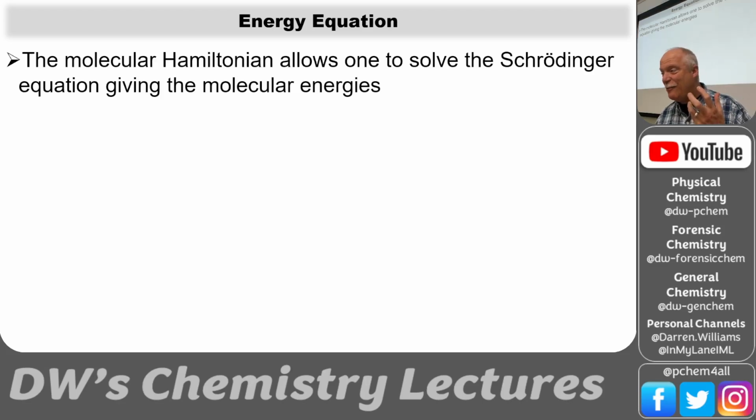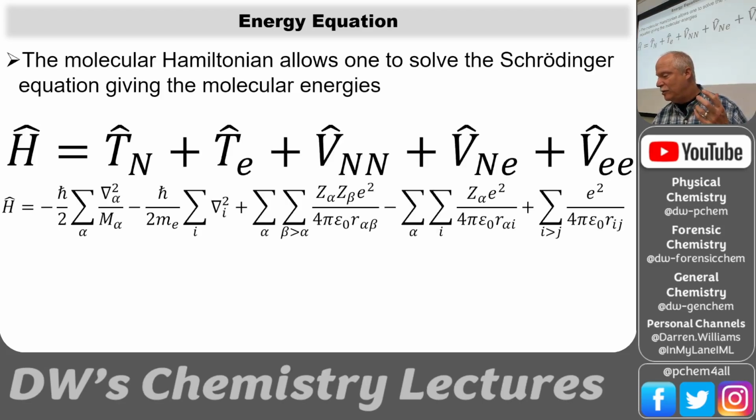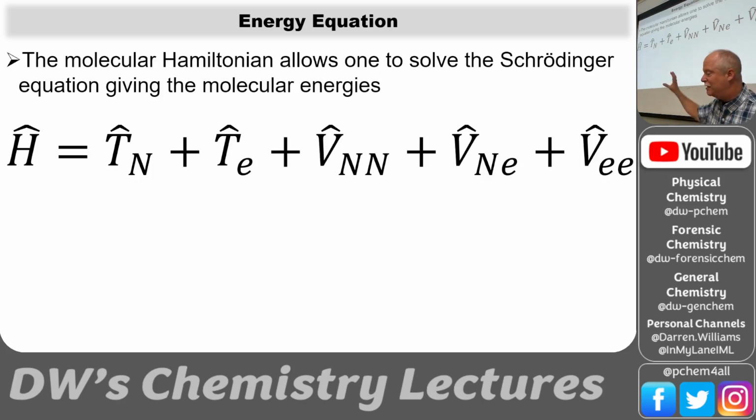So this is the Hamiltonian for a molecule. H is the Hamiltonian, and it has 2 kinds of pieces: the kinetic energy piece and the potential energy piece. For our particle in a box, the potential energy was 0, so all of the V's went away, and we only had T. T and V are the kinetic energy and the potential energy.